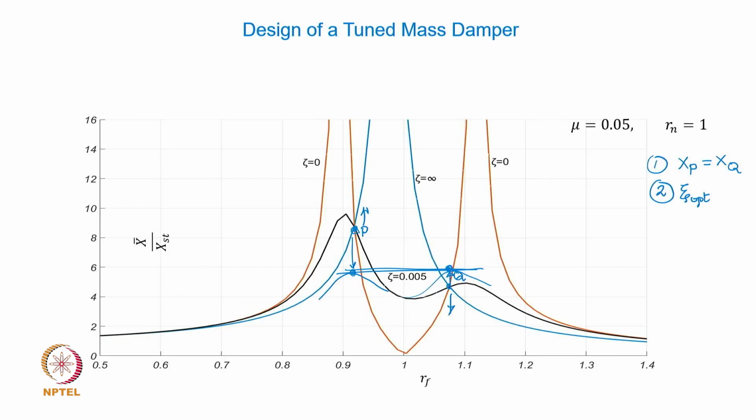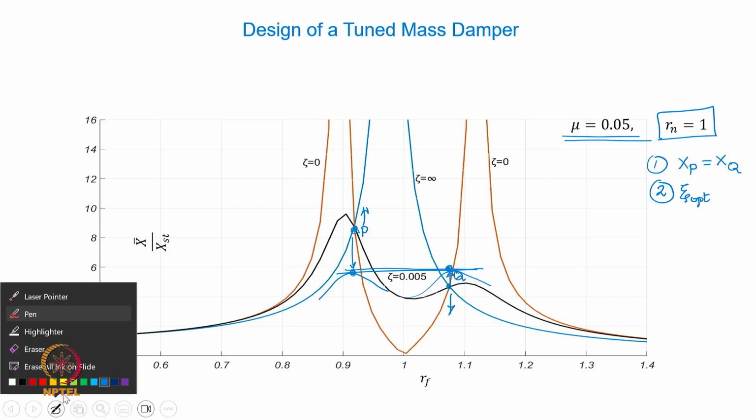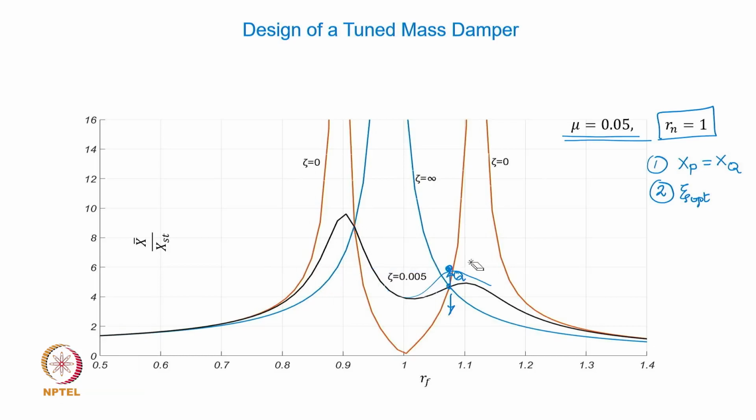So I have shown you here, if the mass ratio was selected equal to 0.05, for this mass ratio, if I don't tune your absorber, then the response that you are going to get is this kind of a response, where this amplitude will be different than this amplitude.